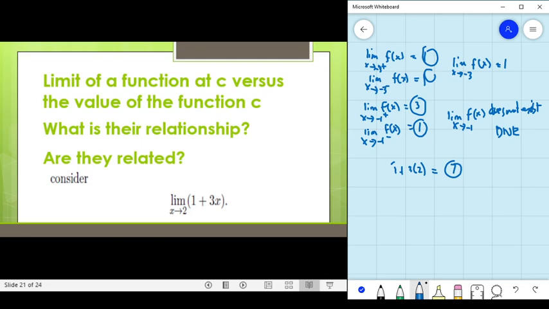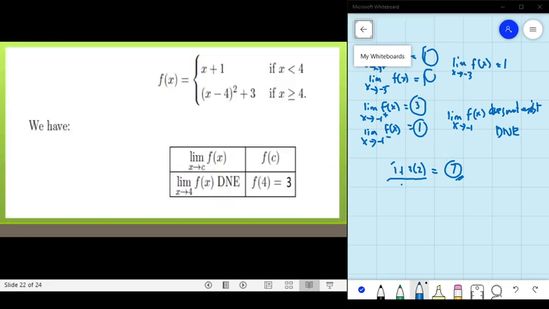But you can also evaluate it without the limit. When we say evaluation of the function at c, you just substitute, and it is also 7. So we can say they are related, but actually, they are not the same.